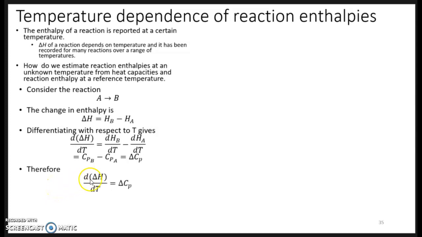So we can say that d(delta H)/dT is delta Cp, where Cp is the molar heat capacity at constant pressure. Or we can simply write d(delta H) is delta Cp dT. Cp will also vary over a certain range of temperature.